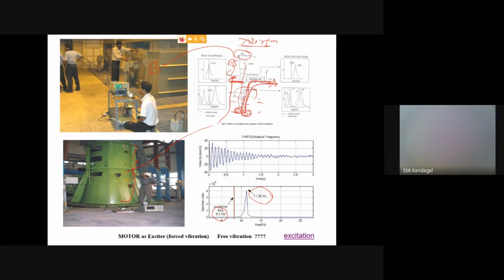Impulse excitation is good for small structures, but for a structure like this, which is around 6 to 8 tons, there are two things typically done. One is what we call coast down.